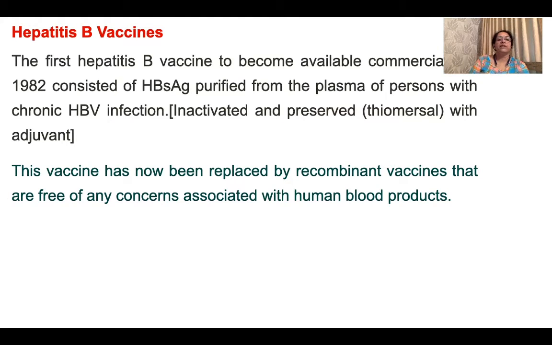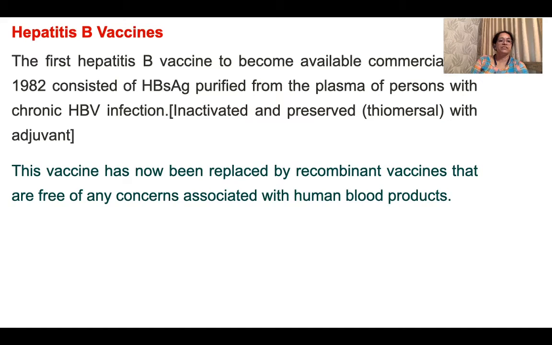The first hepatitis B vaccine became available commercially in 1982. It consisted of HBs antigen, surface antigen, Australia antigen purified from the plasma of a person with chronic HBV infection. This one is inactivated and preserved in thiomersal with adjuvant.